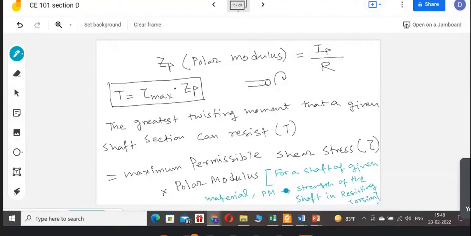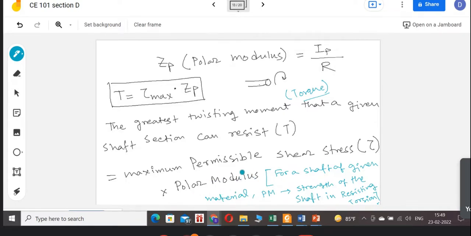So if we want to say what the strength of a shaft under a twisting moment or torque is, twisting moment is also denoted as torque, then we have to calculate the polar modulus.